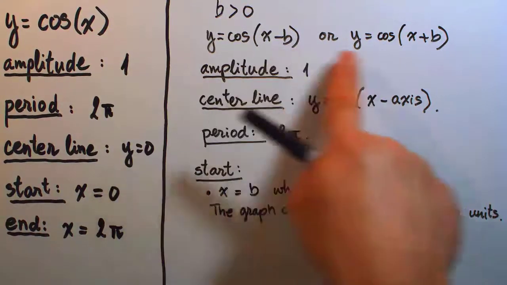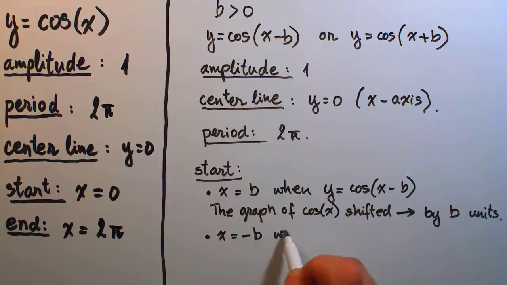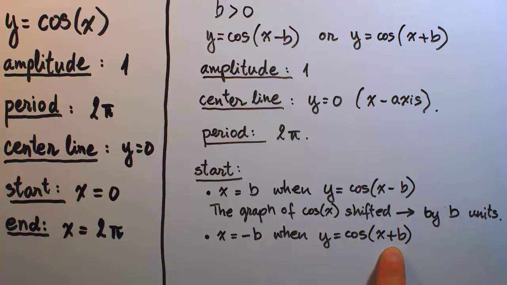And for any one of these functions, the starting point is going to be x equals minus b when our function is cosine of x plus b. And this is where it becomes a little counterintuitive: the expression inside of our cosine function is x plus b, but the start point is at x equals negative b.